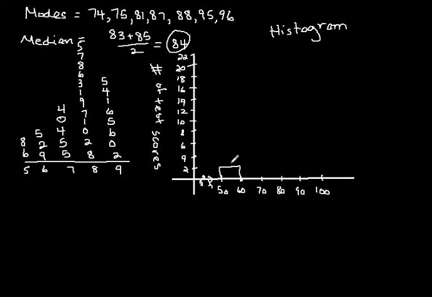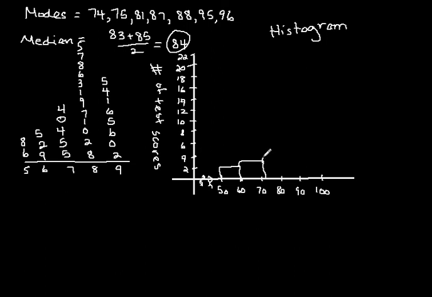We go to the next one, and we count that up. In the 60s we have 1, 2, 3, so we're going to go up to 3, it's in between 2 and 4. In the 70s we have 1, 2, 3, 4, 5, so we go 2, 4, here's 5.